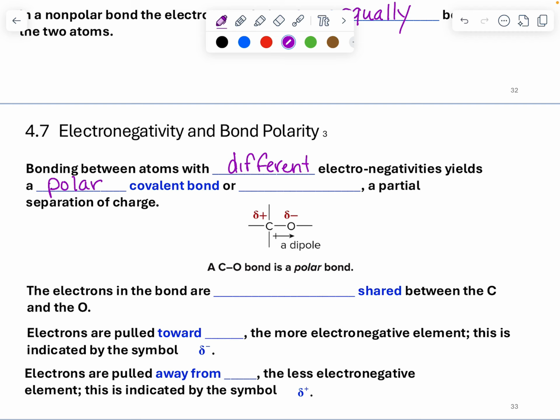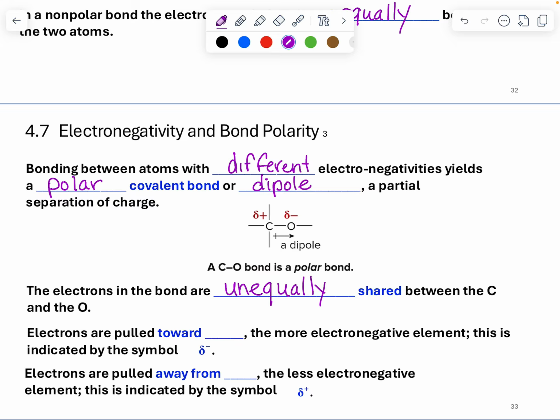Sometimes this is referred to as the element or the molecule having a dipole, which is a partial separation of charges. So the electrons in the bond are unequally shared, in this case between the carbon and the oxygen.